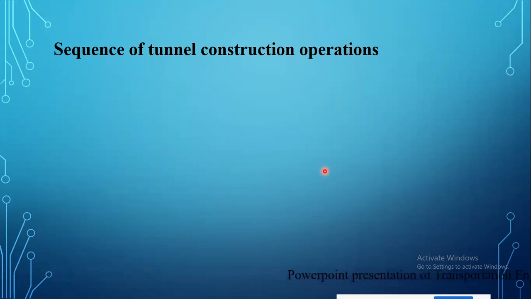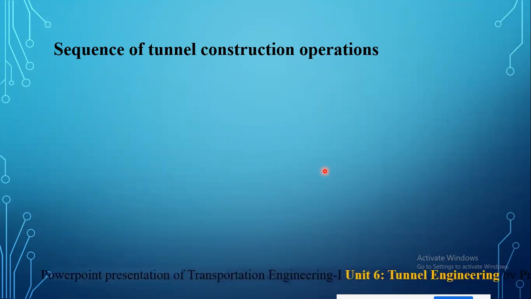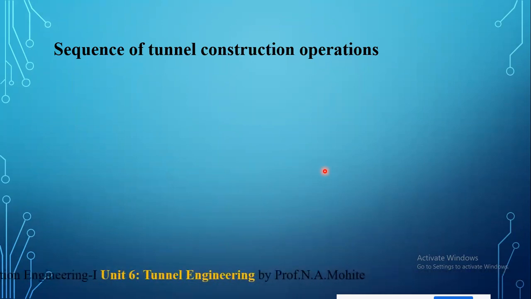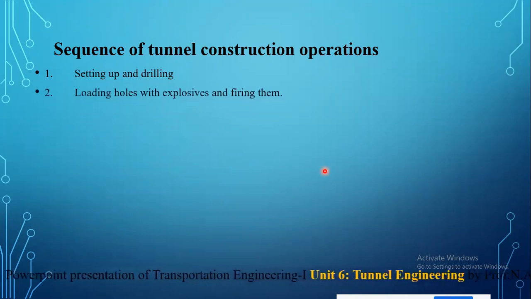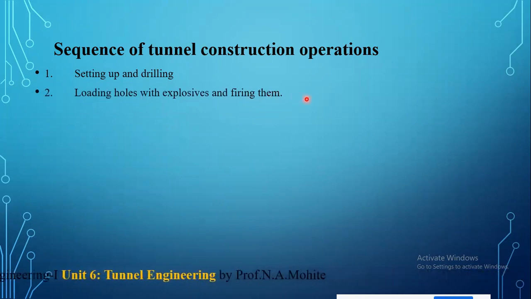There is a general sequence of operations carried out during the construction of the tunnel. First the setting up and drilling is done, then loading holes and firing them with the help of explosives.